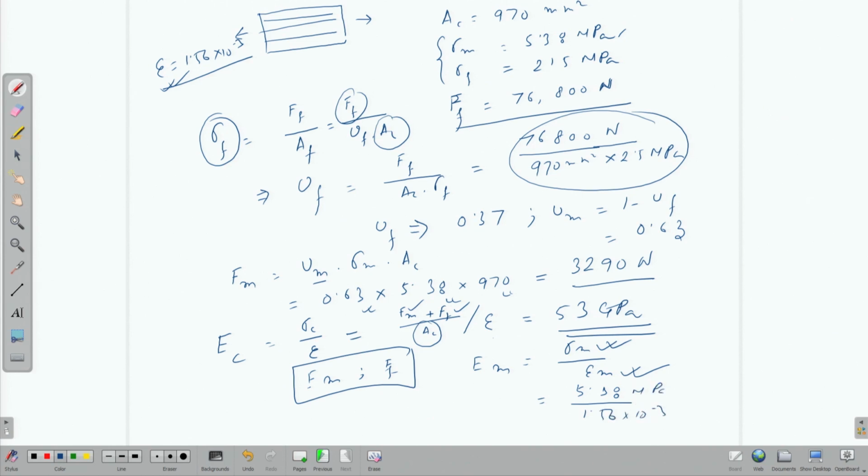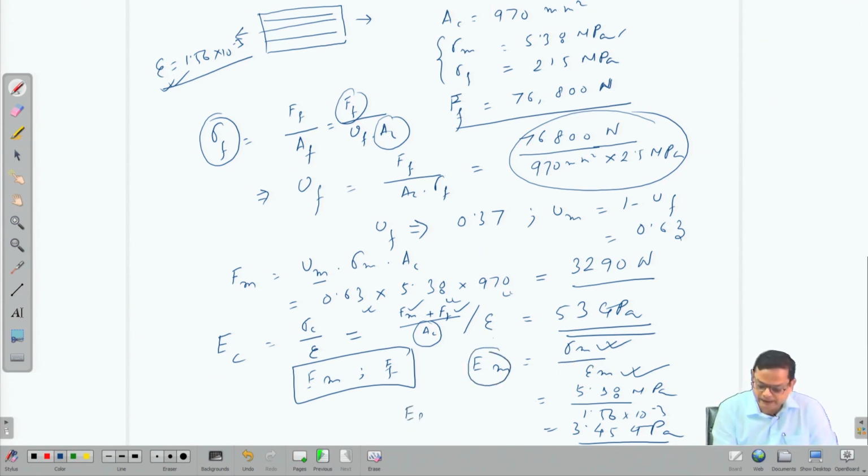So from here you can get the value of E m, and it will be around 3.45 GPa. But one thing you have to be very careful about is the unit conversion.